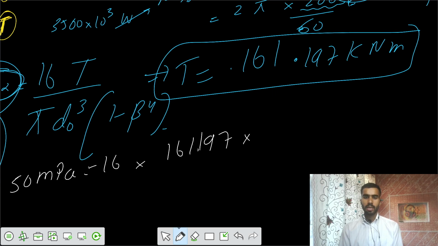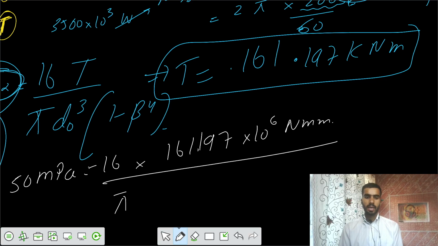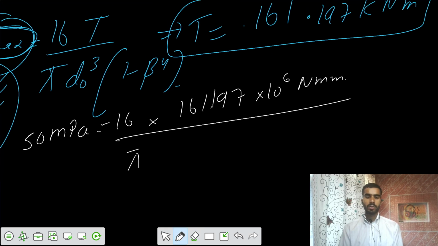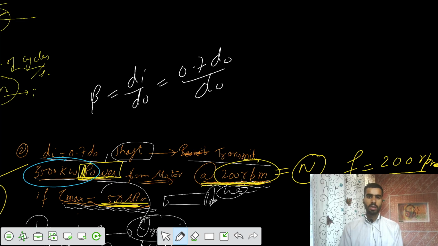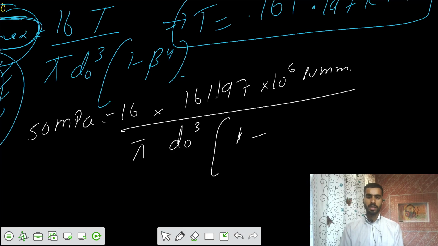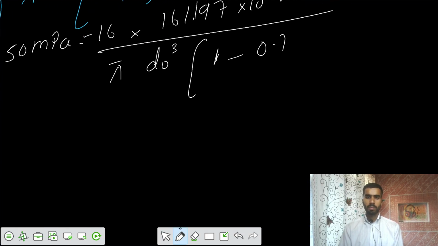T equals 161.197 into 10 to the power 6 Newton millimeter, divided by pi, D, the value of D I don't know, some value of D outer, and 1 minus beta to the power 4. What's the value of beta? It was given: beta equals D inner by D outer, which is 0.7. So 0.7 to the power 4.